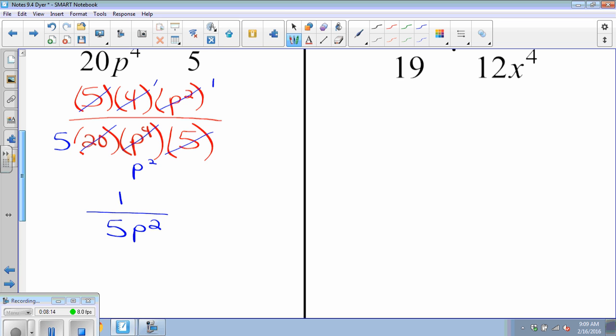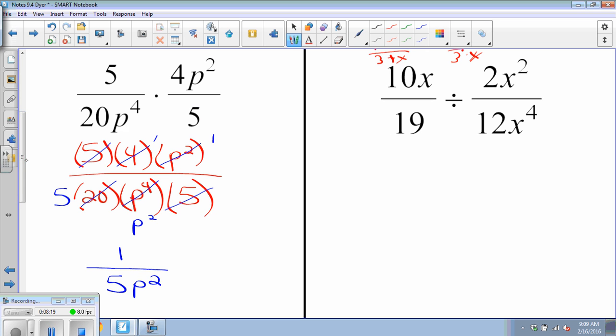And so when you look at this problem, you look at every step of the problem, starting at the top and all the way to the bottom. What would make 0 be in the denominator? If p was equal to what? 0. If p was equal to 0, then it would be 20 times 0 times 5, right?